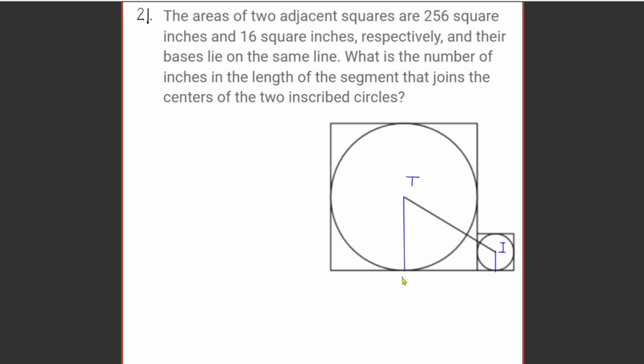Suppose the point of tangency here is V, and here is W. If we connect TV and IW, TV is perpendicular to the base, and IW is also perpendicular to the base of the square, right?